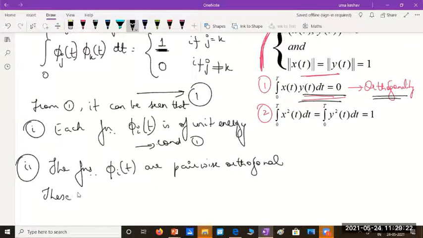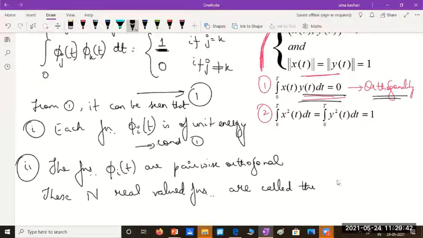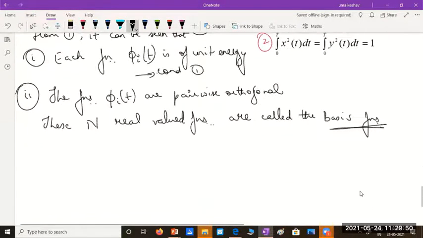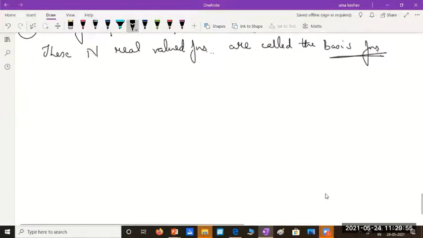These n real valued functions, orthonormal functions if you want, are called the basis functions. The other name for these orthonormal functions is basis functions, which we are going to use commonly whenever we consider digital modulation.